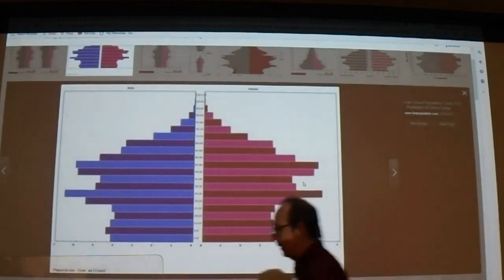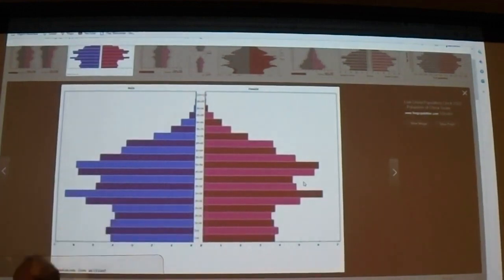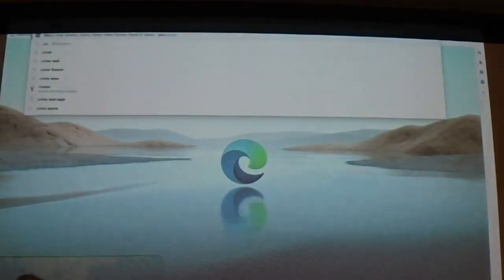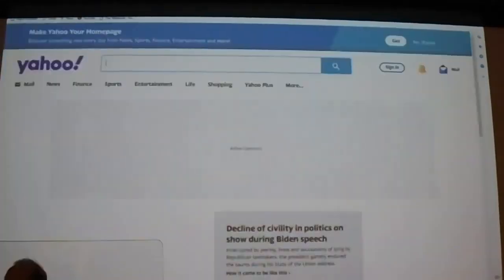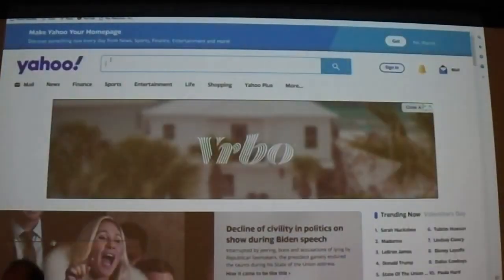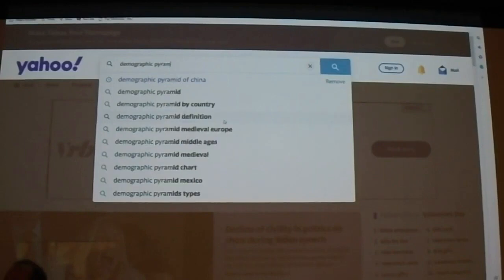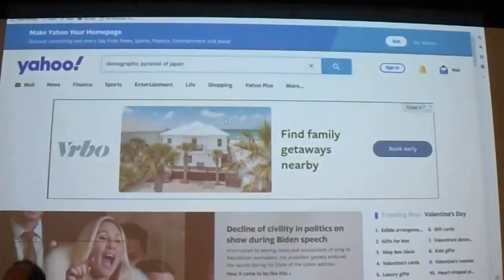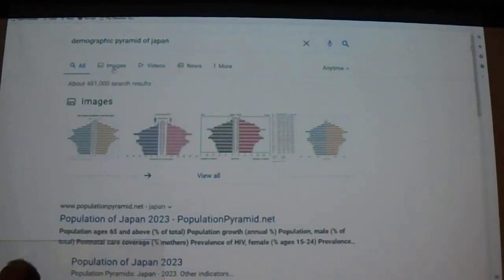If we look at the population pyramid of Japan, it's also pretty bad.